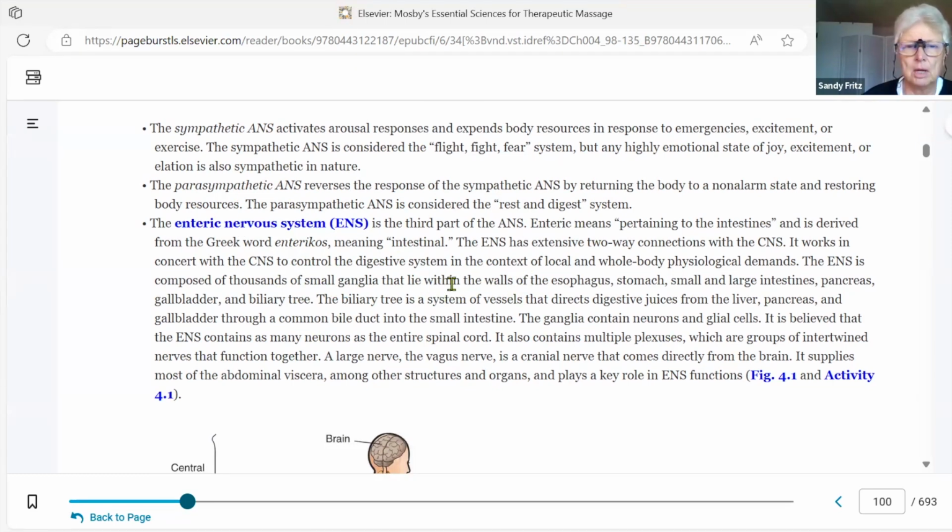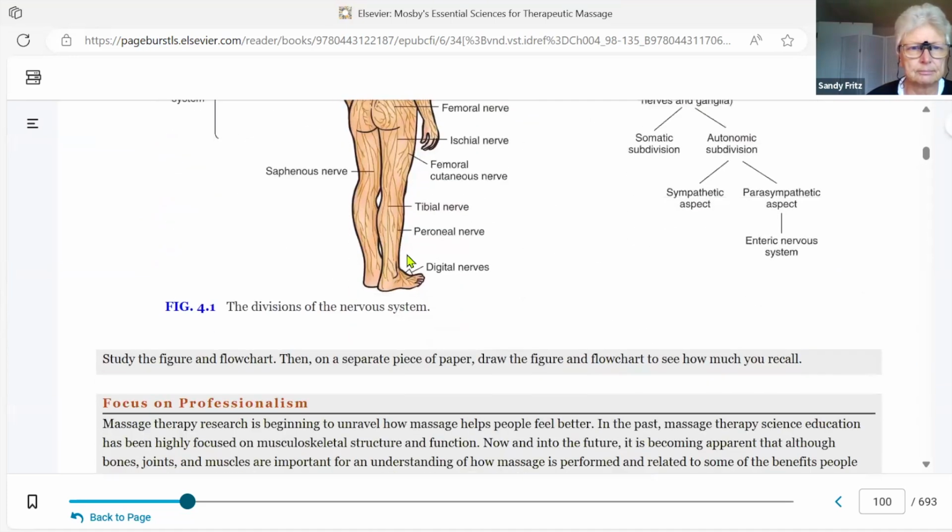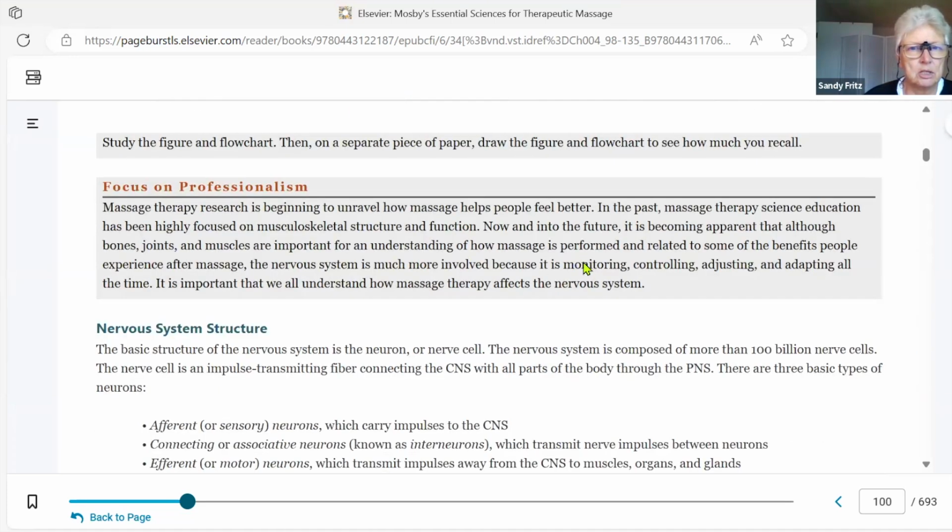And so we have to stop and consider what's going on in the biome in our gut and how that is interplaying with this. So always stop and pay a little attention to these focus on professionalism.